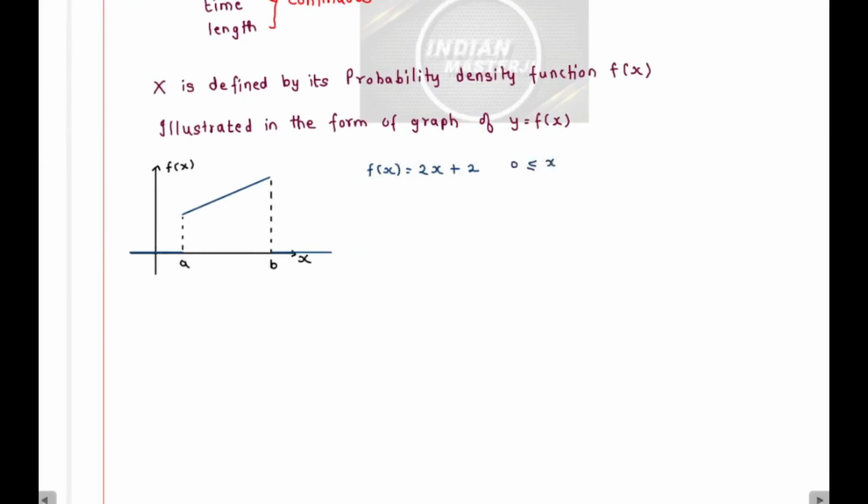It is taking values between a and b, where a and b are some constants, and f of x is equal to 0 otherwise. For the rest of the values of x it is not defined. Hope you have understood till here.